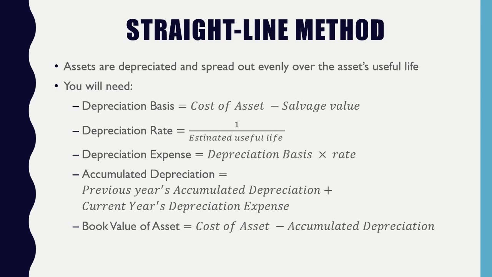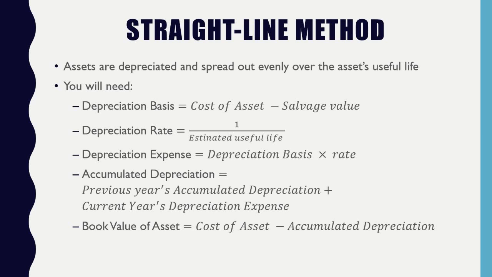Then lastly, the rest of the three equations all are the same, right? Your depreciation expense is going to be your depreciation basis times rate. Then you have your accumulated depreciation, which is previous years' accumulated plus current depreciation expense.